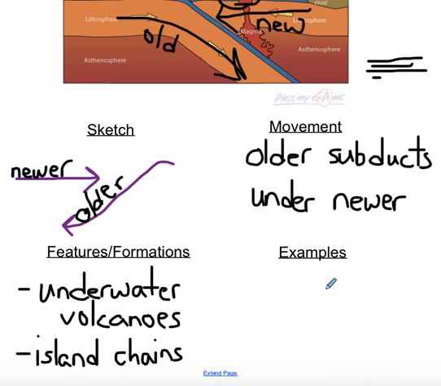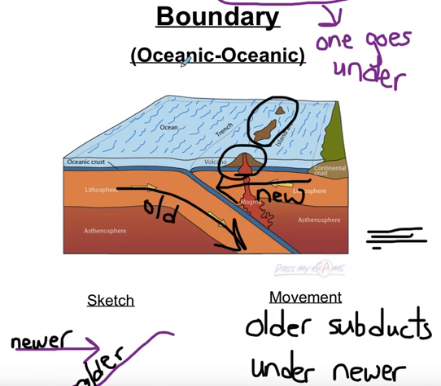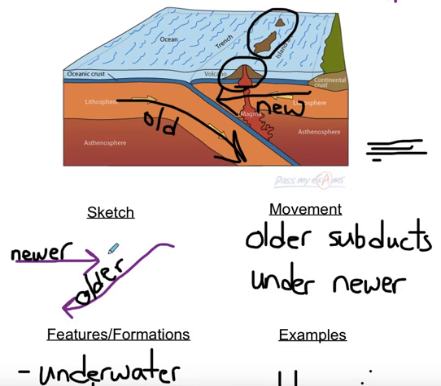A really famous island chain that we're really familiar with is Hawaii. That was formed by underwater volcanoes. That was one type of subduction: oceanic and oceanic, two oceanic crusts. The older one will always go under the newer one.